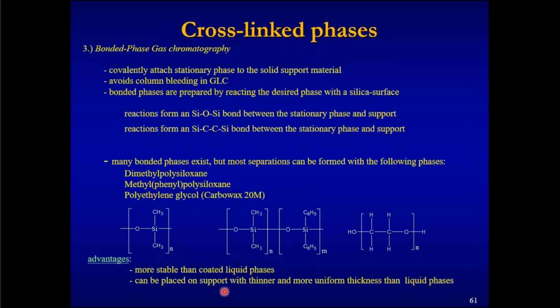If two molecules can bond, then it will always be two. Generally, it's more like one molecule, and that's why you get monomolecular thickness. So the thinner the stationary phase, the faster the equilibrium that is achieved in a separation. That is, when the samples come, they are distributed, and the distribution equilibrium is attained very fast. And so you can have faster flow rates, which is the case in gas chromatography, since the mobile phase is a gas.